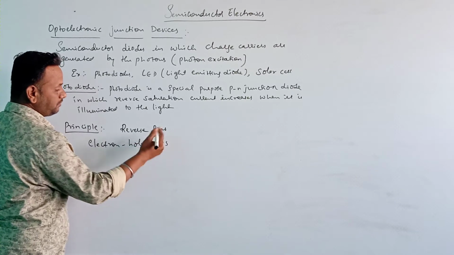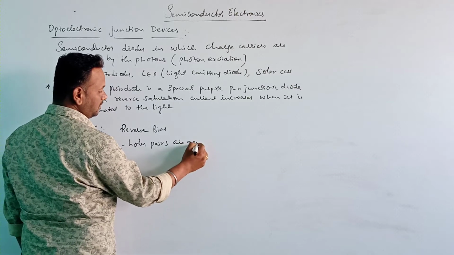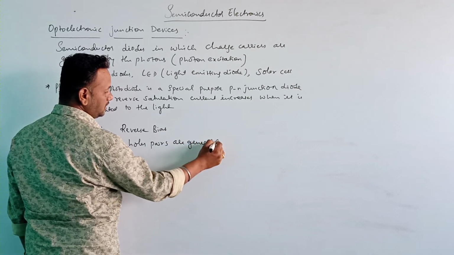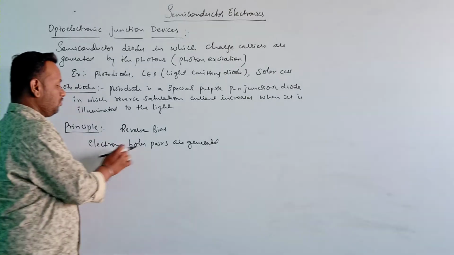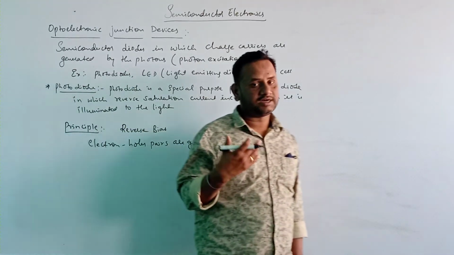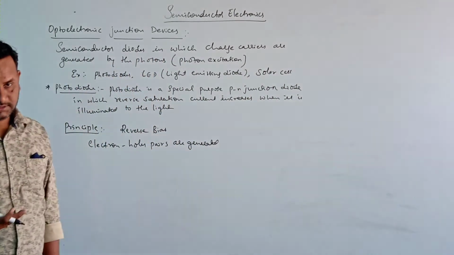I will tell you how it works. Once these electron hole pair charge carriers are generated, the reverse saturation current increases.